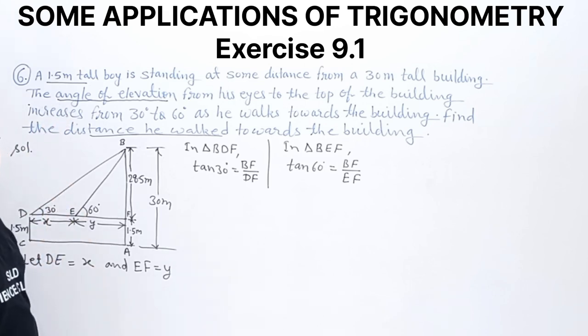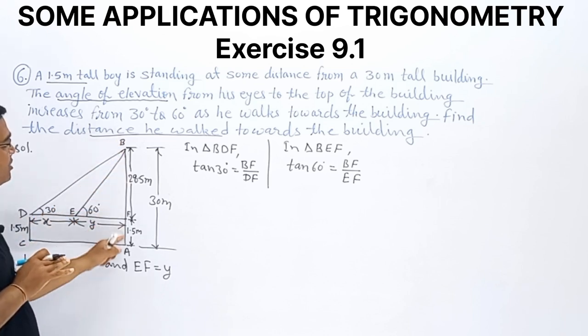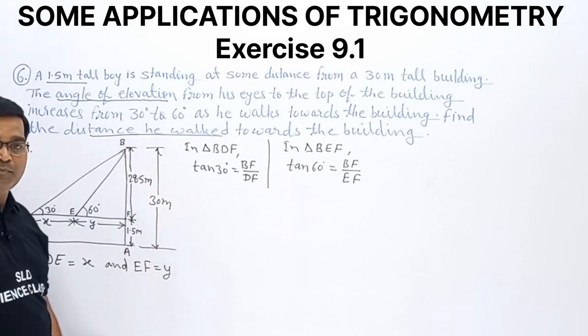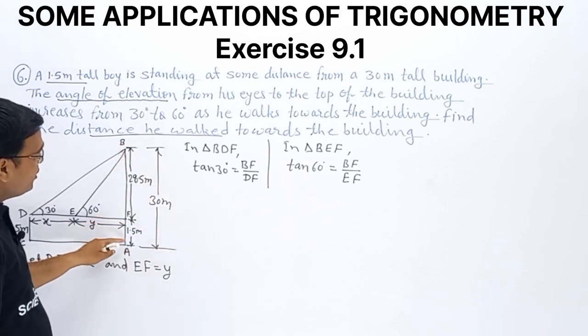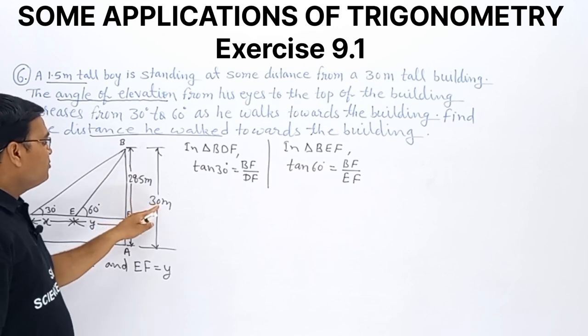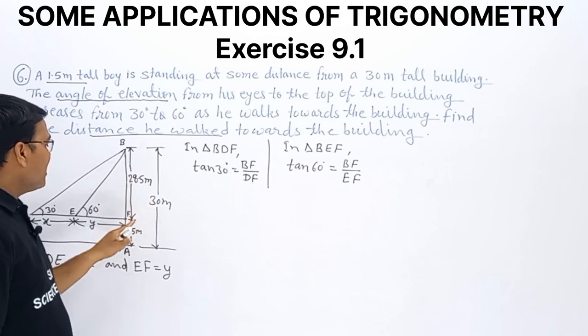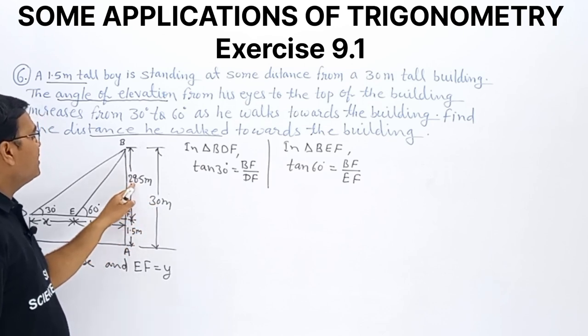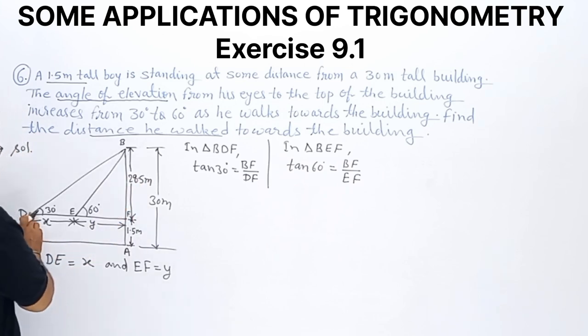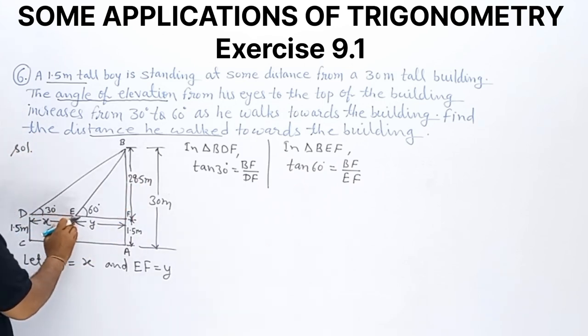Angle of elevation. It means the boy's height will be what? 1.5 will be reduced from this building height. So we are having 30 meter height of the building. The boy's height is 1.5 meter. This will be reduced from this one, then we are getting 30 minus 1.5 meter will be what? 28.5 meter.